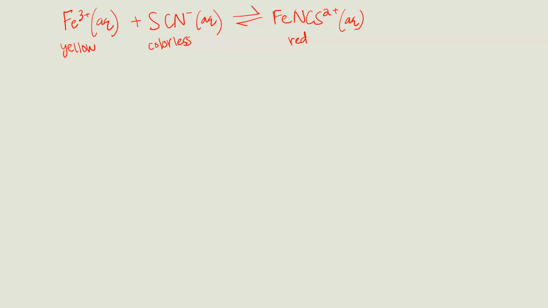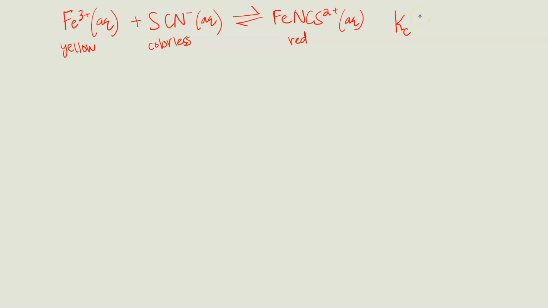And the final goal for this reaction is to calculate the equilibrium constant, and it's going to be Kc. Okay. So, just like with our equilibrium stuff in lecture, products over reactants. We're doing Kc, so molarities: FeNCS2+ over Fe3+ times SCN minus.